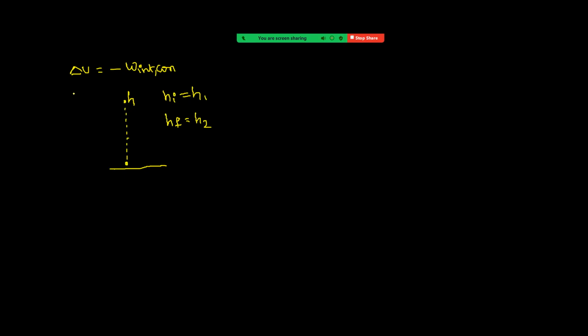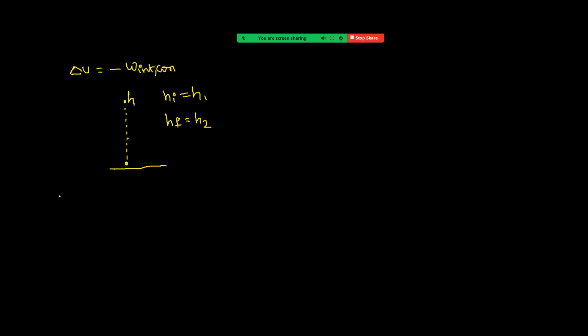The potential energy of a system changes if the configuration changes. So the question comes, what is the meaning of configuration? When we are taking the earth-particle system, height refers to configuration. If the height is changing, then we say the configuration has changed. Therefore, the potential energy of the system changes, and that change is given by this, right?